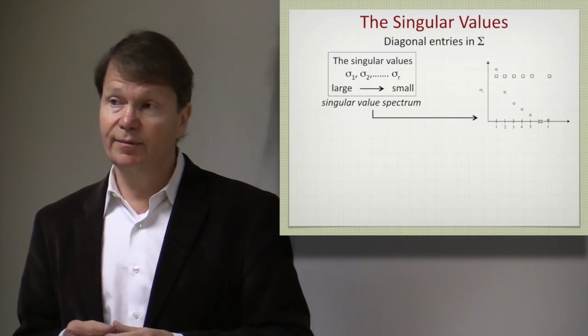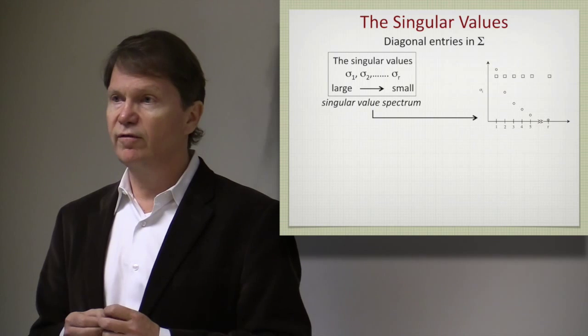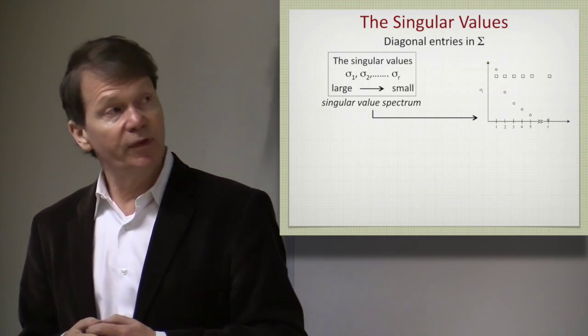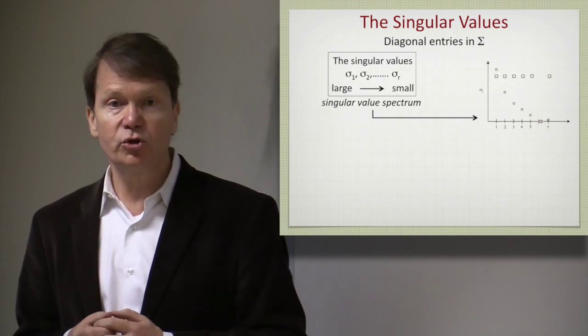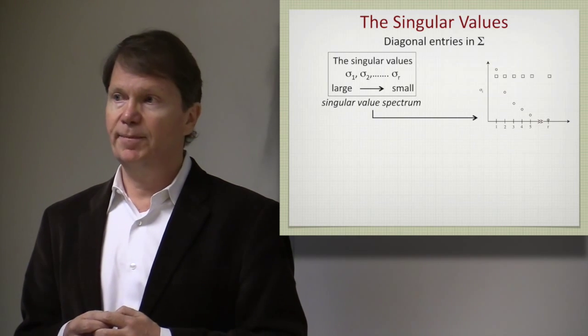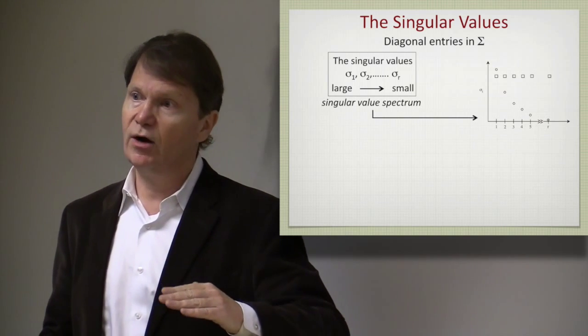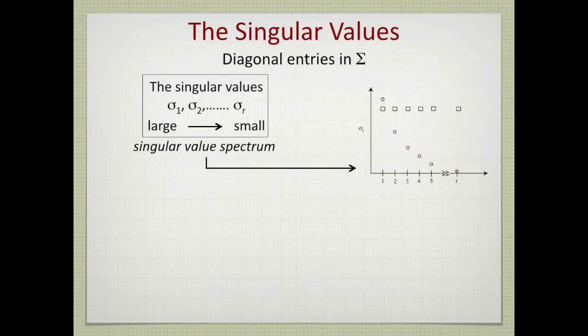Often we simply plot them like this, and this is called the singular value spectrum. And there are 2 spectra shown there. The one with the open circles is the more typical one, where the numerical values of sigma are going to be decaying quickly with subsequent modes. And this means that there are few pieces of information in that matrix that are dominant and represent most of its features.